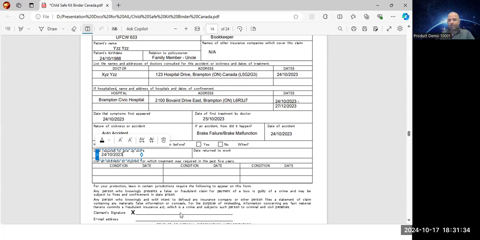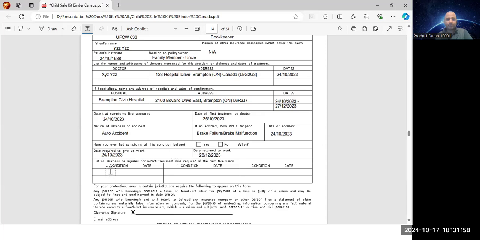This would be the same day when you got injured in the accident. And the date that you returned to work, let's say this was 28th December 2023. So if you compare these dates, you got discharged on the 27th and you started working on the 28th, a day later.